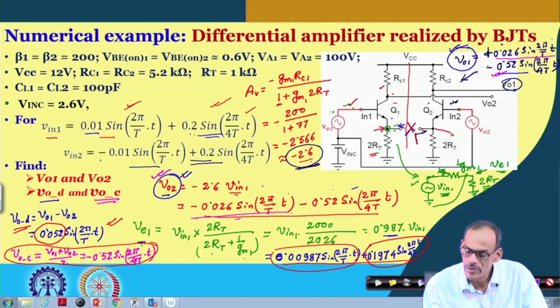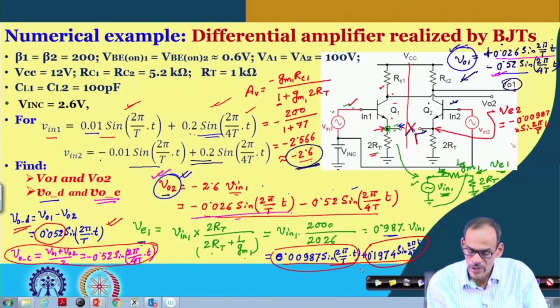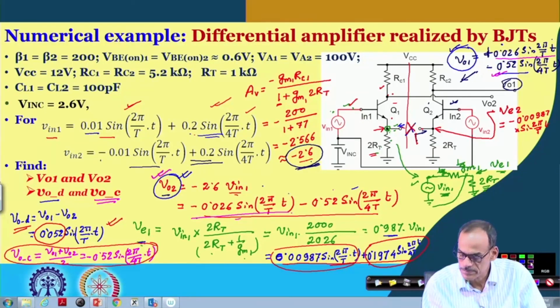If I observe the voltage at this point before we make the connection, and call it VE2, that is equal to this part, the first part having a minus sign, minus 0.00987 sine 2 pi by capital T into small t, and then this part on the other hand will have a plus sign, plus exactly this one, 0.1974, then whatever it is.